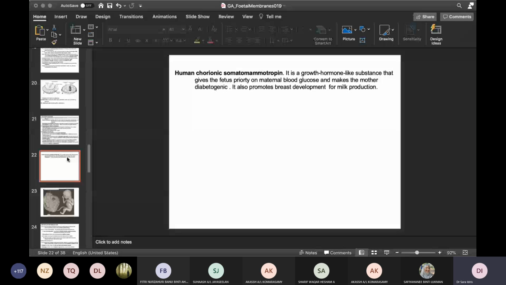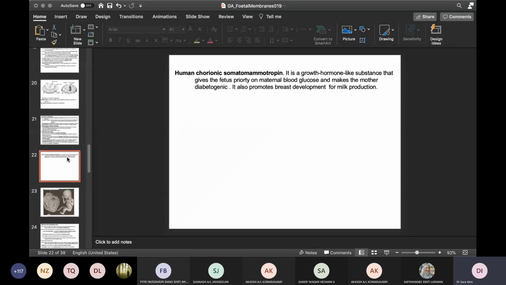Okay. Other than that, the placenta also produces a growth-like hormone, the somatomammotropin. This somatomammotropin is not exactly a growth hormone, but it acts like it in a way that it will give priority of glucose, the maternal glucose, to the fetus.